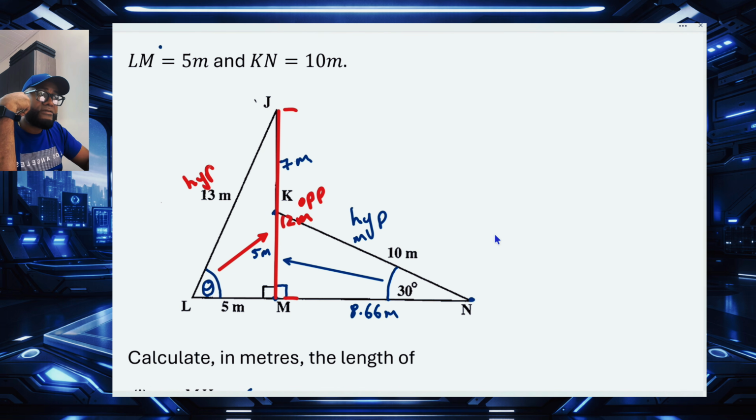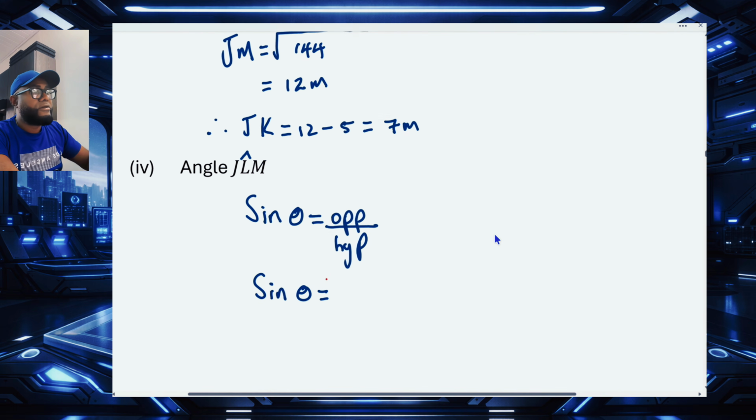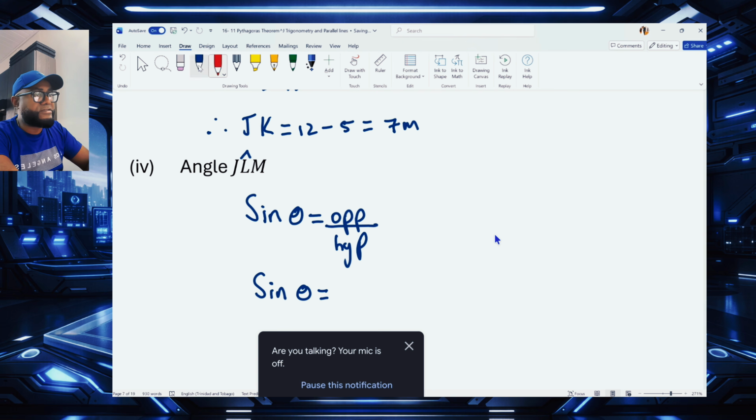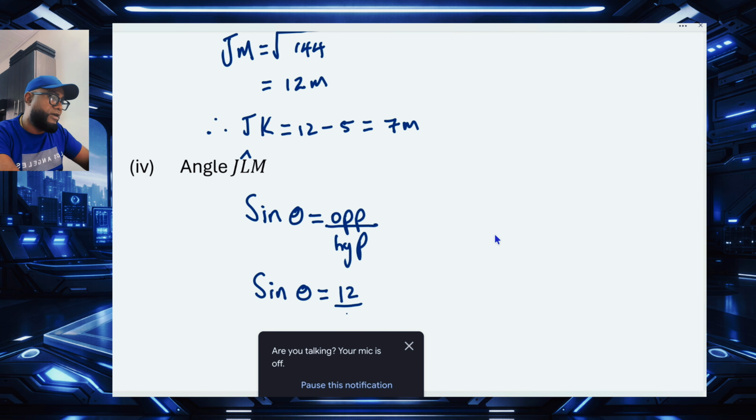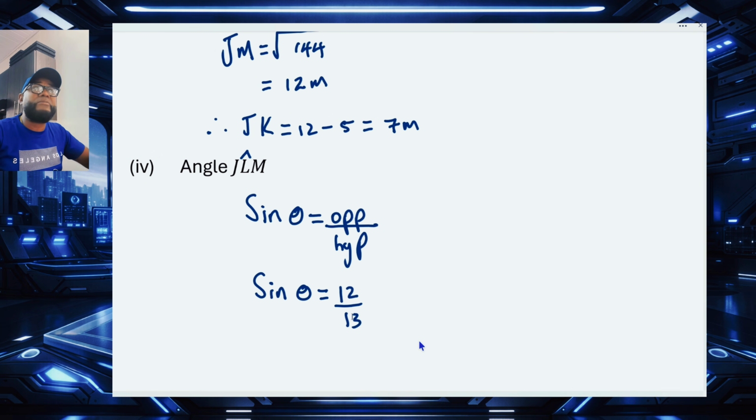So this will be 12 over 13. We want to find theta, so we change the subject of the formula. Sine needs to be moved by itself without theta.